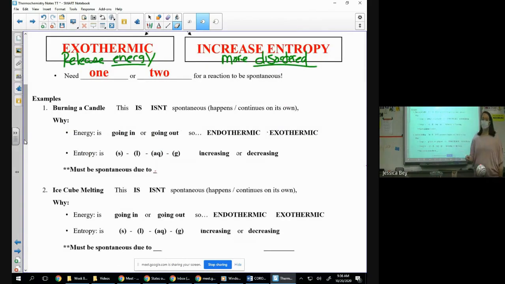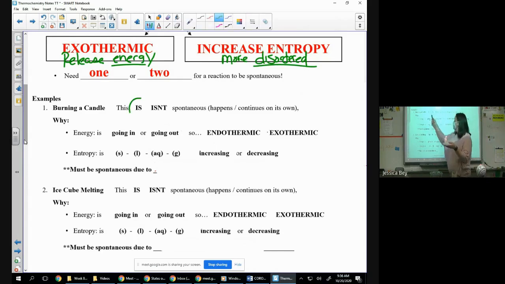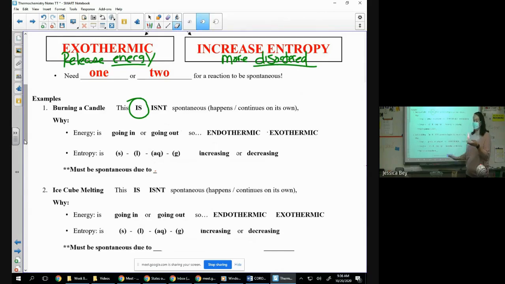So we have the burning candle here. This is how it'll always be on a quiz, test, assessment, worksheet. It'll give you these prompts. Is this burning candle burning by itself? Yes. So we know that that is spontaneous, correct? Now, we have to pick one of these two things has to be happening to match in order for this to be spontaneous.